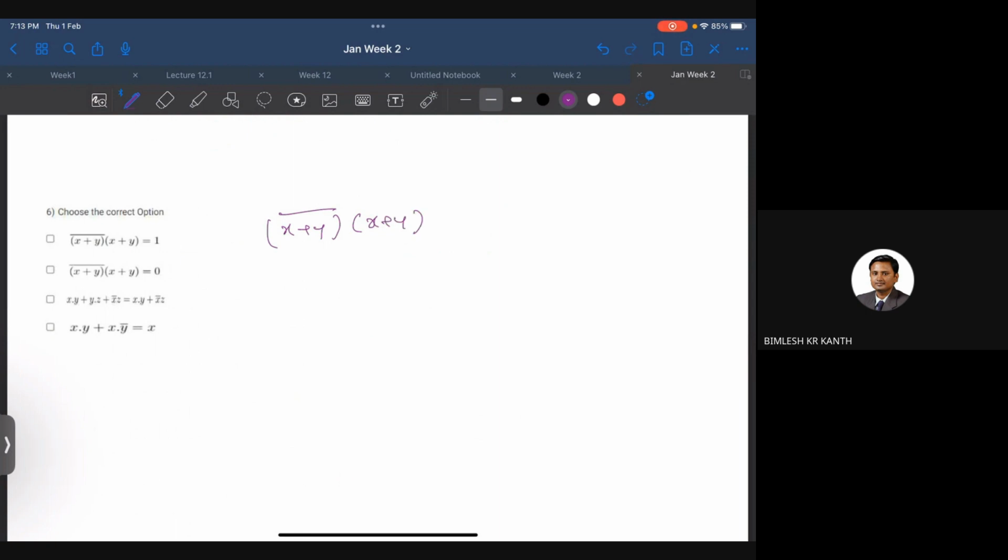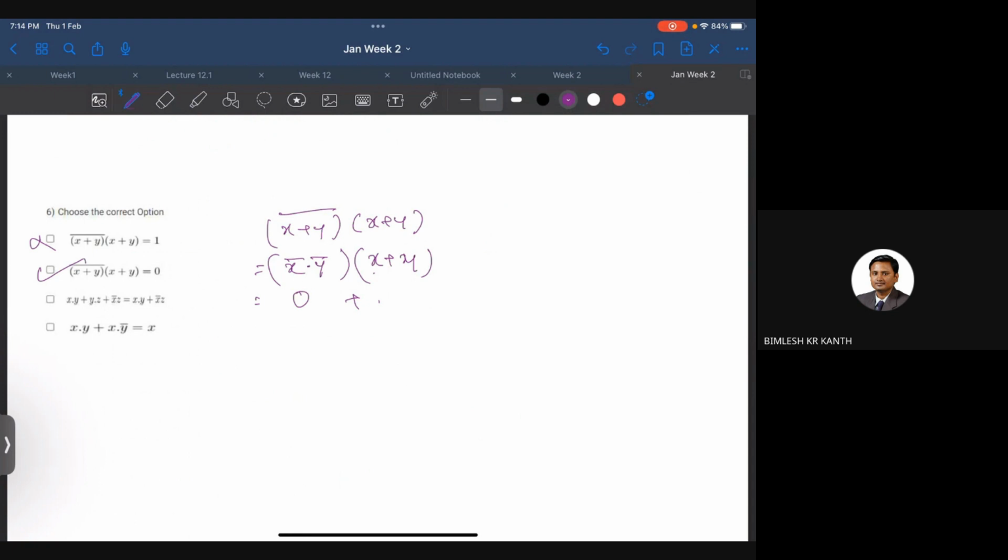What we can write is x bar dot y bar by De Morgan's law, times x plus y, right? Now x bar dot x will be 0, so it will be 0. So this is not correct, since this is giving 0.